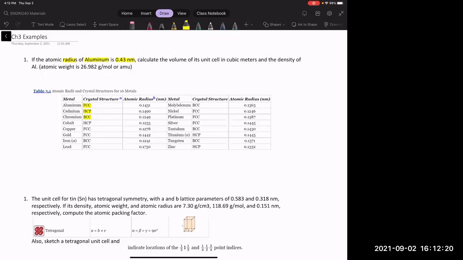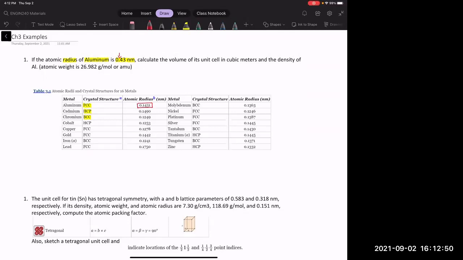That radius is the atomic radius. I think I have a typo here. There should be a 1 here, right behind the dot, because this is the radius of the aluminum.